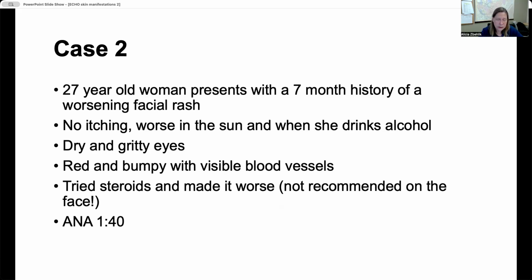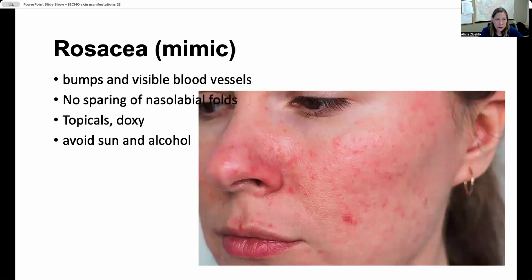And she doesn't like the way the rash looks. These can be very frustrating for people, and they're red and bumpy, and there's some visible blood vessels. She tried a low potency topical steroid and it made it worse. And we do try to avoid those on the face if possible. And an ANA was checked and it was 1 to 40. So, and this is the picture.